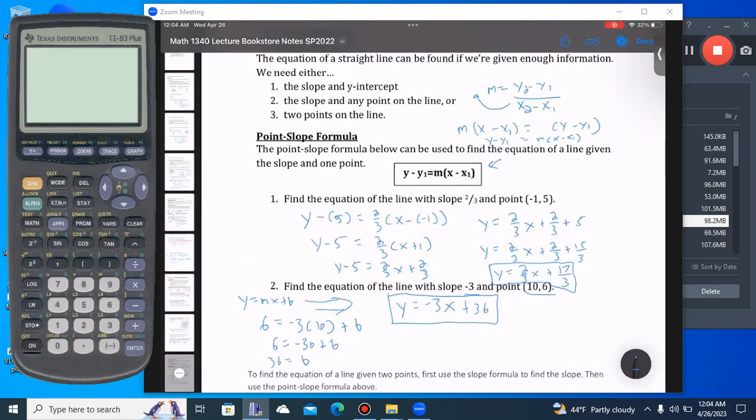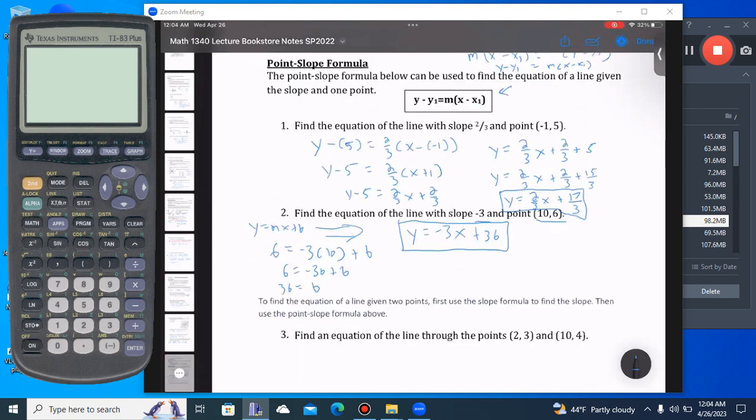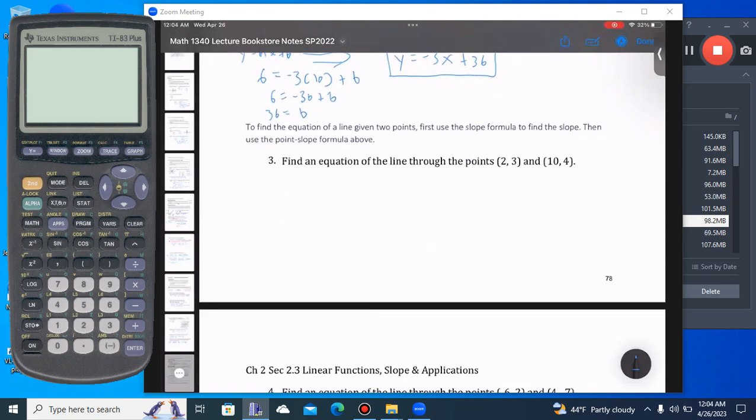Now, this was having a slope and 1 point. If you have just 2 points, first thing you gotta do is find the slope. So 4 minus 3 over 10 minus 2, 1 over 8. That's your slope. And then you can pick either point. Now, this is what I meant by the point slope formula. I can write that as y minus 3 equaling 1/8 times x minus 2.